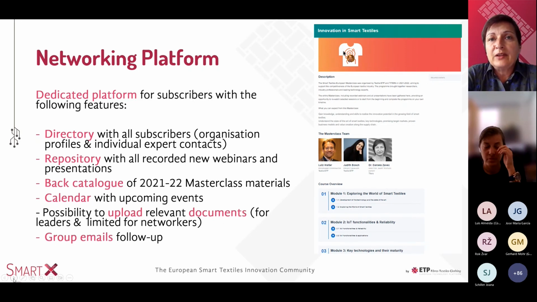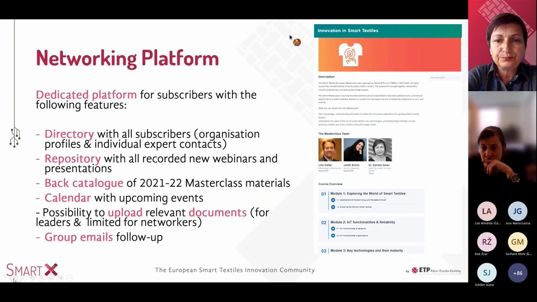You will also have the possibility to create your own profile with your documents and also express your wishes and needs through the platform. It will also be the platform where we will share newsletters, but of course, you will be informed by newsletters also in your mailbox.